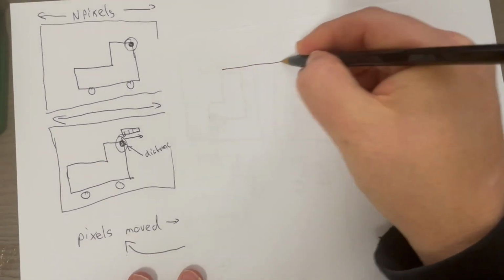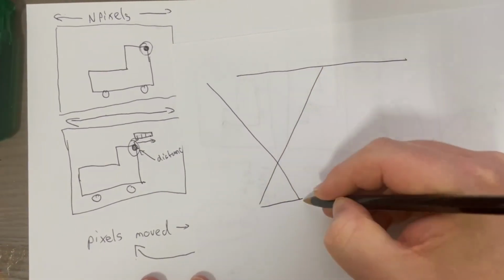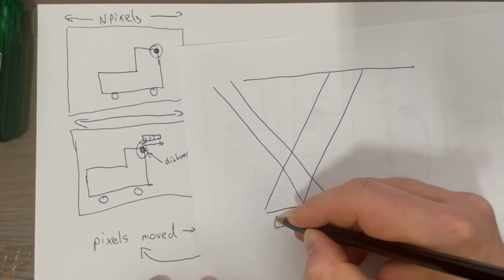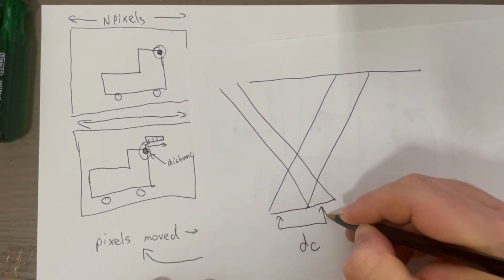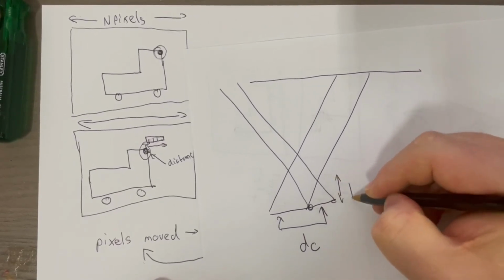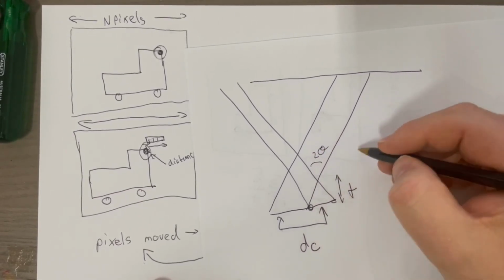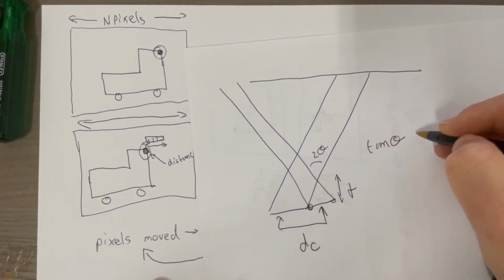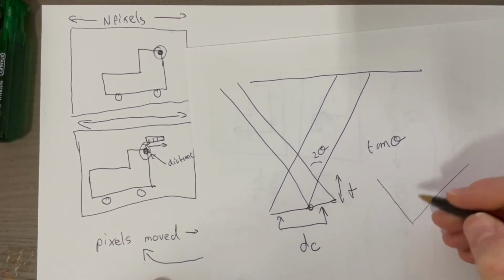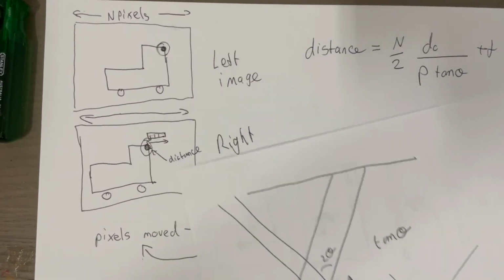So we've got two cameras, one here and one here, and DC is the distance apart. Sorry, that's not to scale. And then F is the focal length of the camera, and this is 2 theta. So tan theta is basically the view of the camera, how wide a viewing angle we've got from the camera.